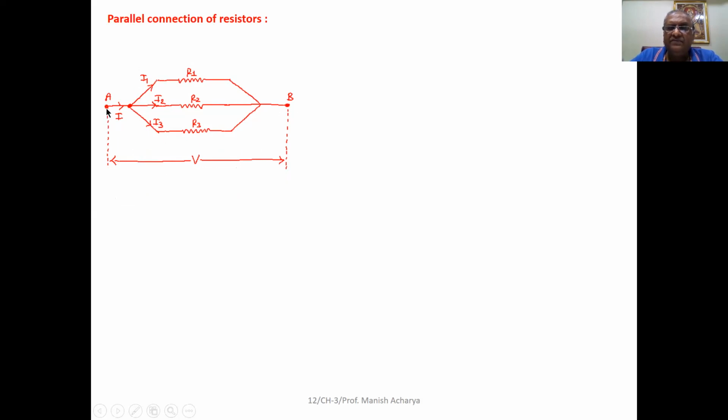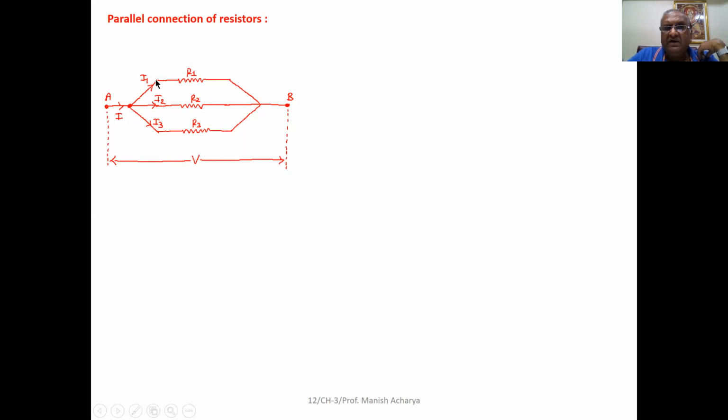Here suppose across these two terminals A and B, the potential difference of V volt is applied, or in other words, a battery having V volt is connected between A and B, which constitutes current I in the circuit. So when this current I reaches this junction, it will be divided into three parts.